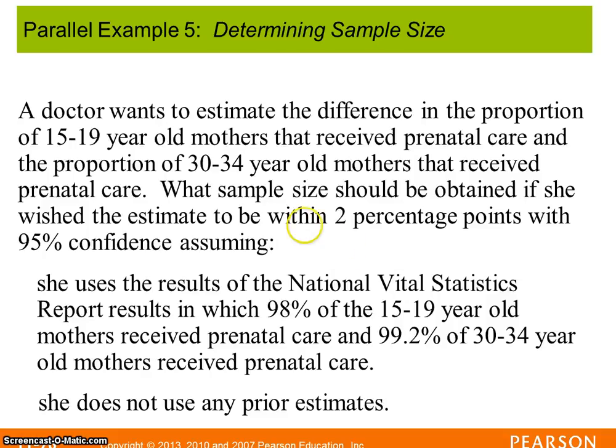So as an example, let's say that a doctor wants to estimate the difference in the proportion of 15 to 19-year-old mothers that receive prenatal care and the proportion of 30 to 34-year-old mothers that receive prenatal care.